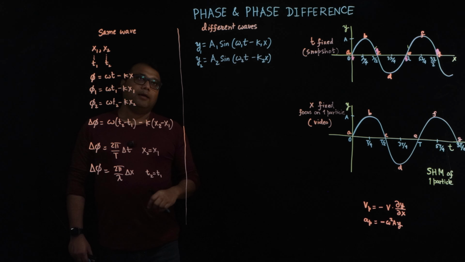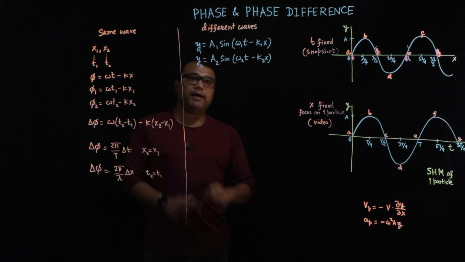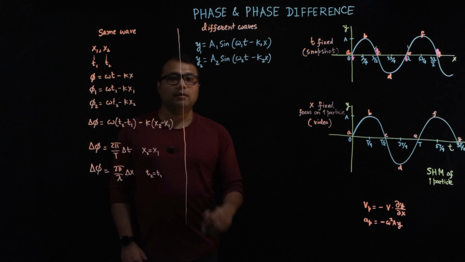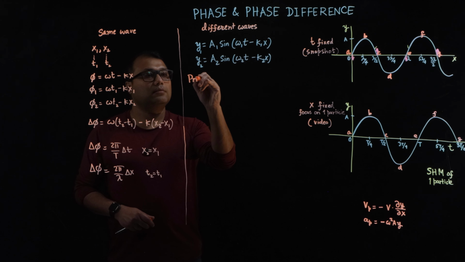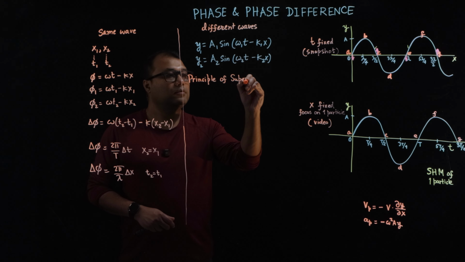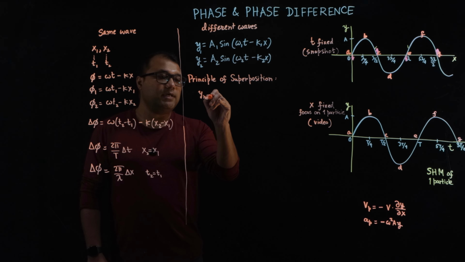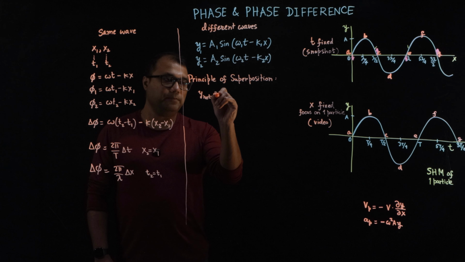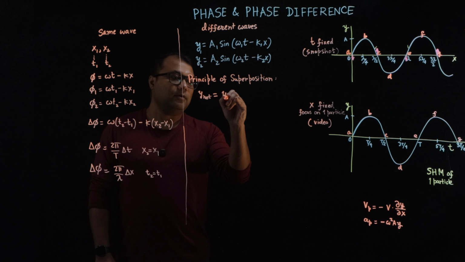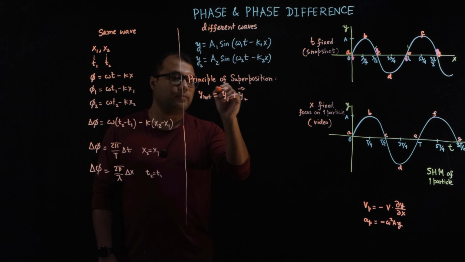Now let's say these two waves collide at a point. By the principle of superposition, the y net, the net displacement at a point where they are colliding or interfering, is given by y1 plus y2, the vector sum of these two.